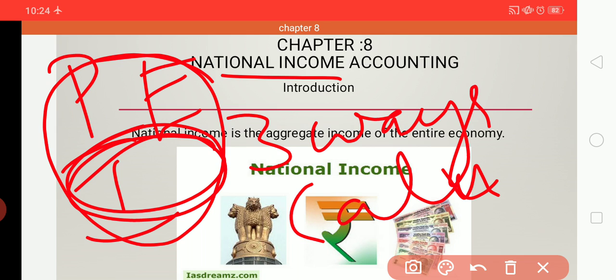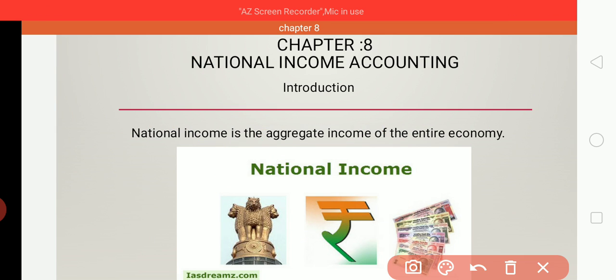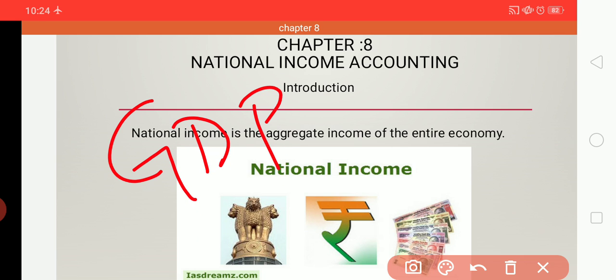Also, we are going to discuss how this national income can be described in some other categories. Like you would have heard about GDP, right? Most of the time, we used to say GDP. That is the alternative way of national income.